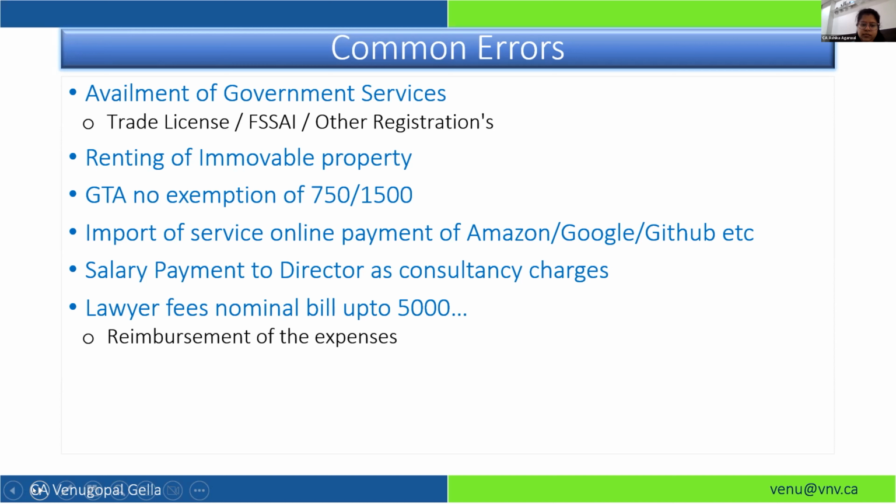So in that case, should I change the figure to 4 lakhs directly, or should I show 5 lakhs minus 1 lakh, net 4 lakhs? 5 minus 1, net 4 lakhs. Because in that case, when I do my reconciliation or annual checking with my books, it will not match, right? The net figure will match, but the gross will not match.